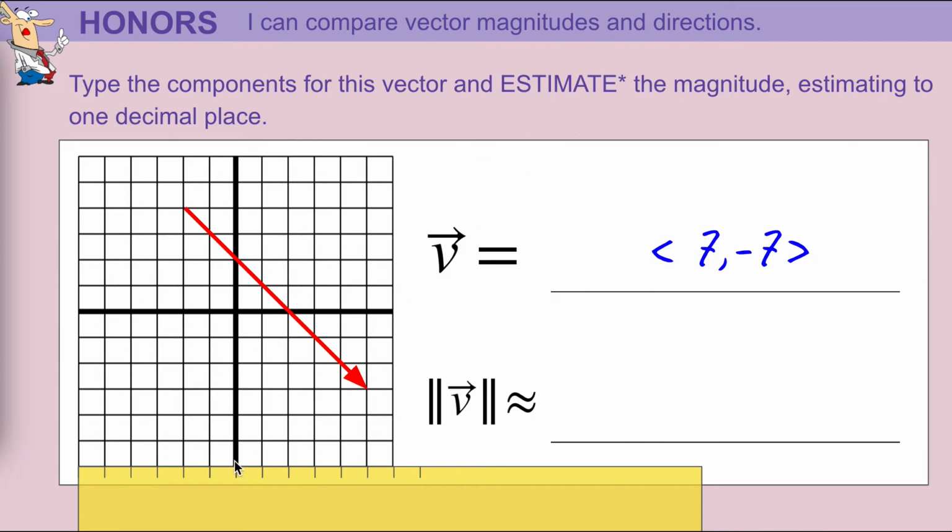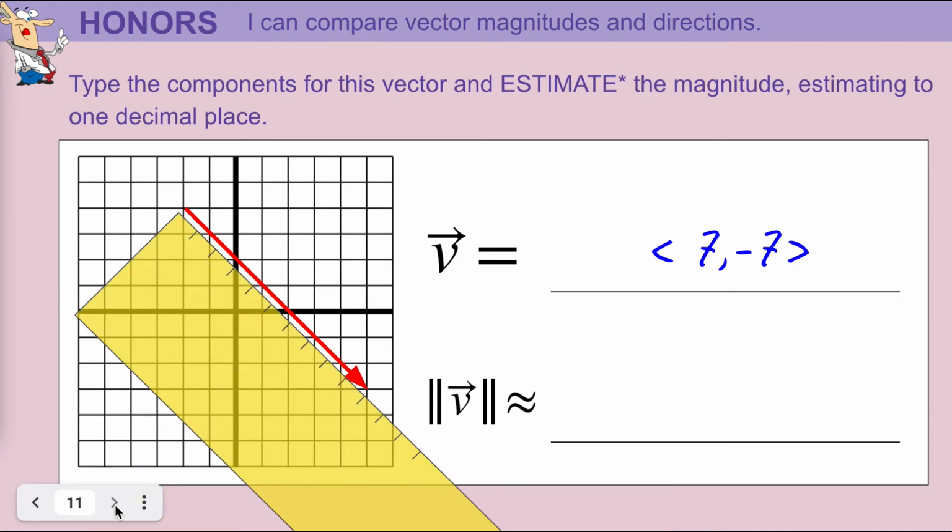This estimate, there is no inches or centimeters or whatnot, but we do know units. Each square here is a unit. So I put a mark on the paper. And then the next thing that I do is turn the paper so that it's lined up with the vector. And then I'm going to count. So this is 1, 2, 3, 4, 5, 6, 7, 8, 9, almost, but not quite 10.